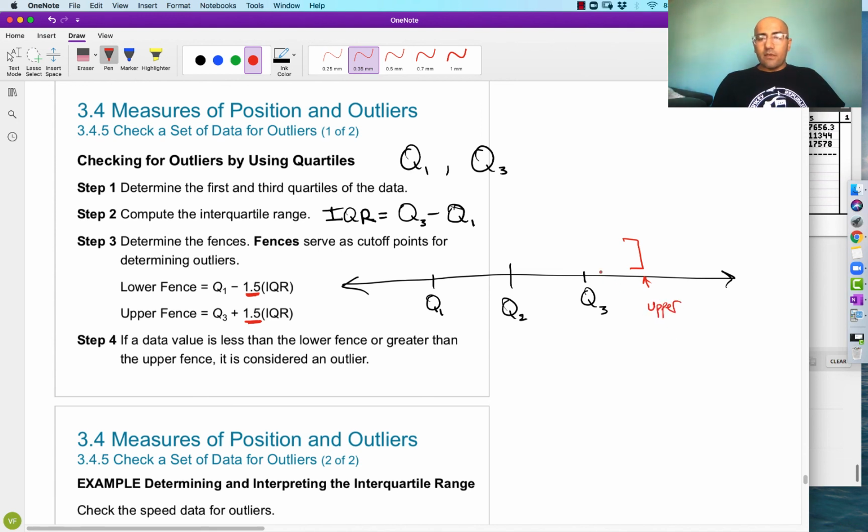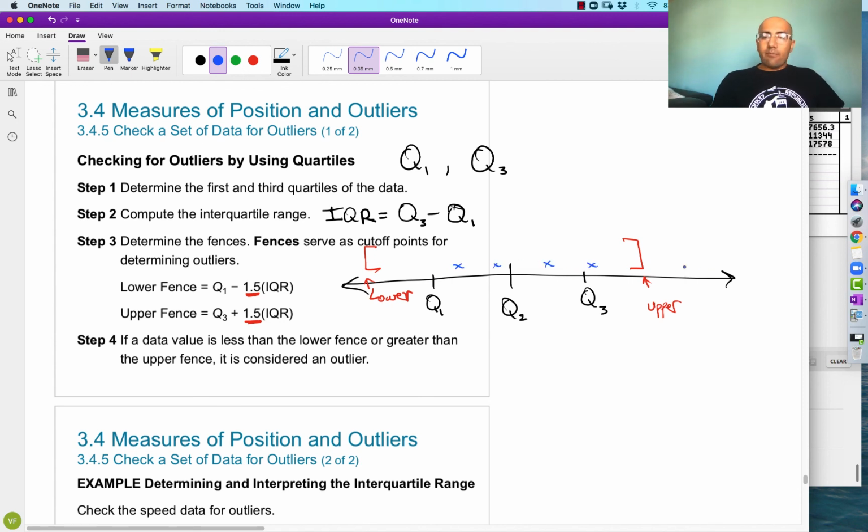That means this distance is 1.5 times the IQR. And then we also think about the lower fence, somewhere over there, which is going to be 1.5 multiples of the IQR value to the left of Q sub 1. Now if we look at our data points, here's a bunch of data points there.